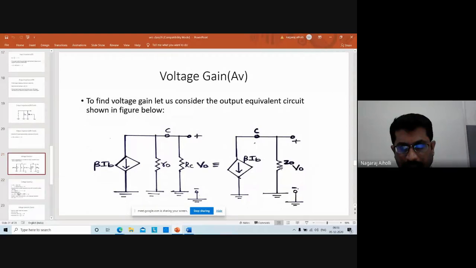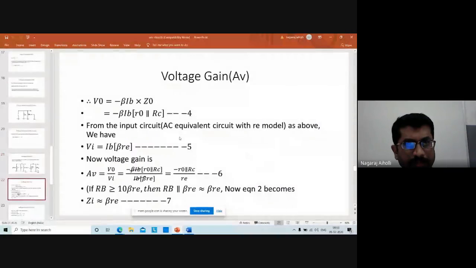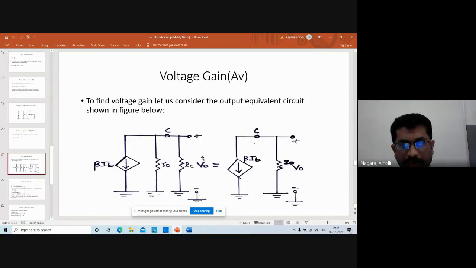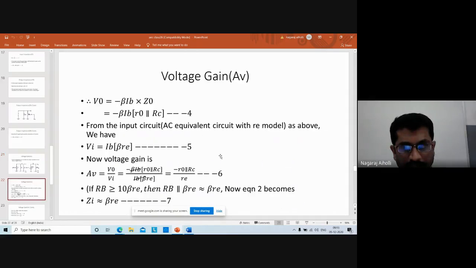Z0 is R0 parallel RC, so just substitute R0 parallel RC. This is the output side. Now from the input circuit, let us consider the input section.